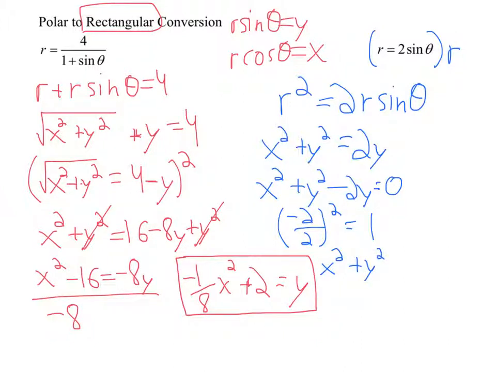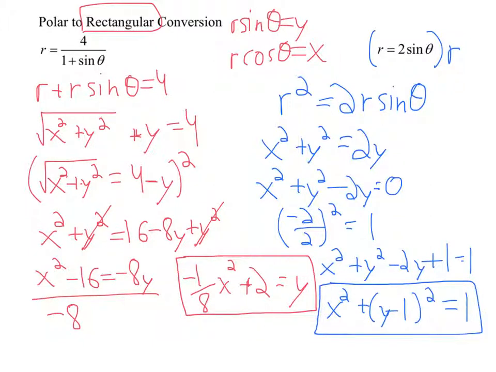So I get x squared plus y squared minus 2y plus 1 equals 1. And this becomes x squared plus the trinomial y squared minus 2y plus 1, which is y minus 1 squared, equals 1. So this is a circle with the center at (0, 1) and a radius of the square root of 1, which is just 1. And that's how you convert from polar to rectangular.